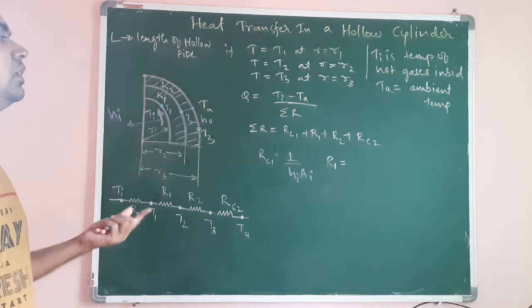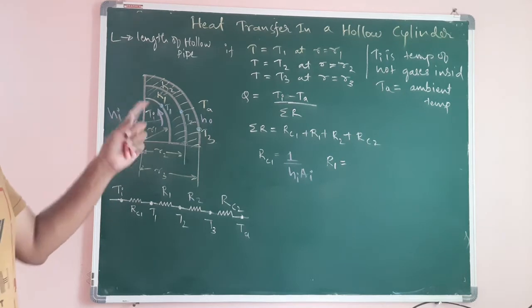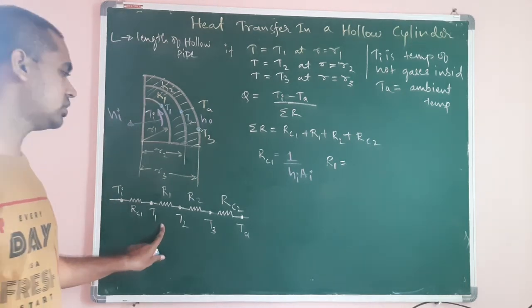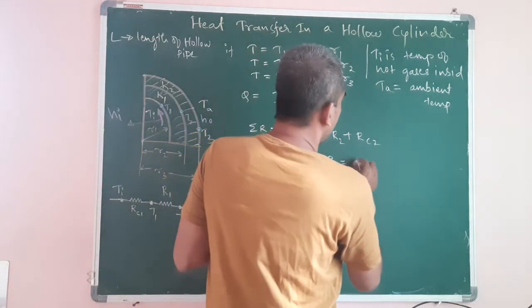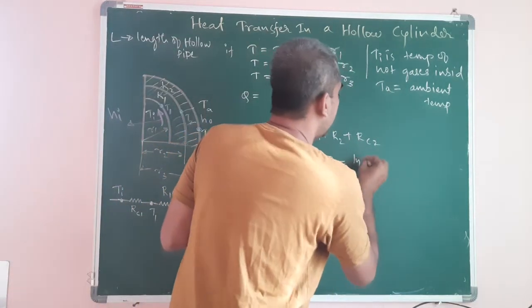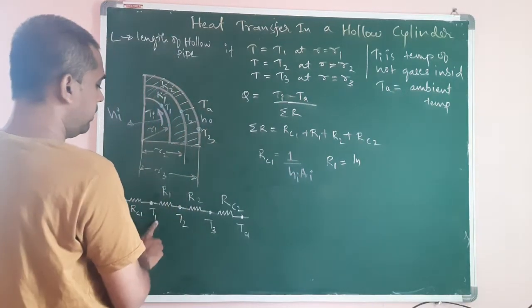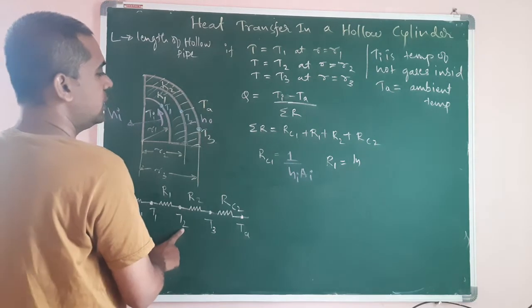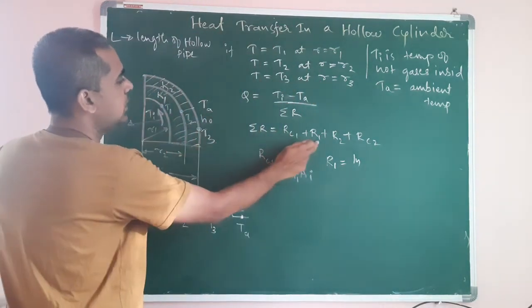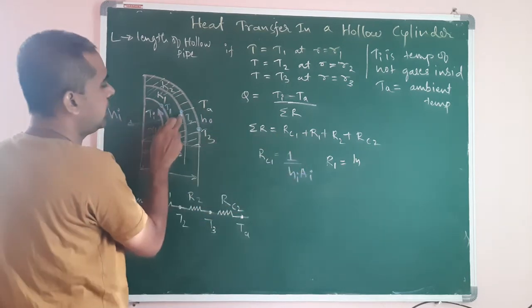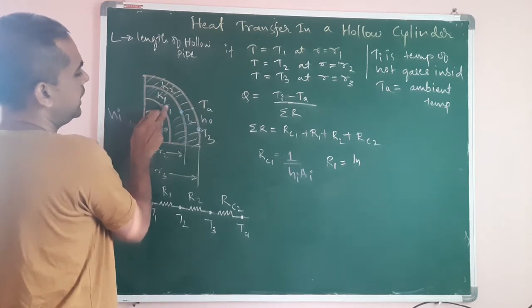If it is a plain wall, then we will take L divided by K. It is a hollow cylinder, therefore, as we have just derived, R1 is equal to ln of the final radius over the initial radius. R1 is the thermal resistance between T1 and T2.